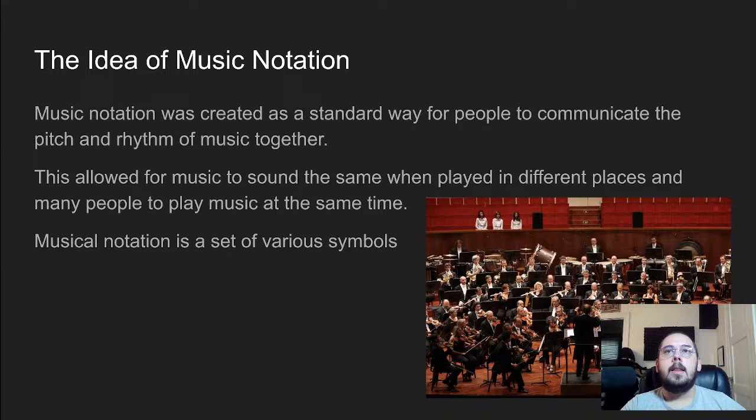I'm not going to get into the history of music notation because that's a whole big long discussion that people spend years studying.